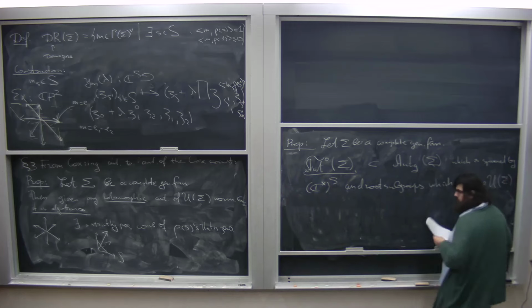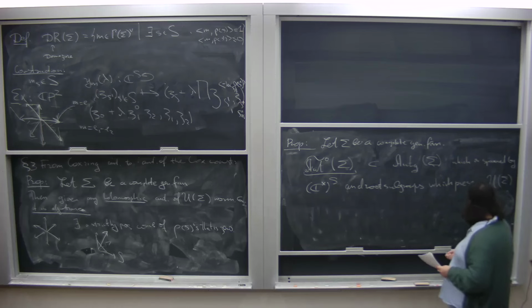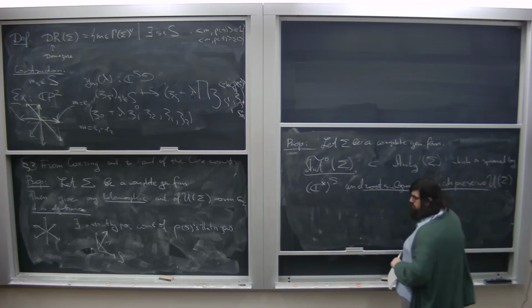U of sigma. As I was saying, this definition of root subgroups only depended on the set S and the way we map it into the vector space, but it didn't know anything about this subvariety. So in general there is a non-trivial condition which ensures that these root subgroups preserve U sigma.